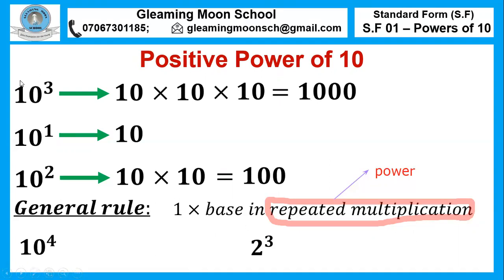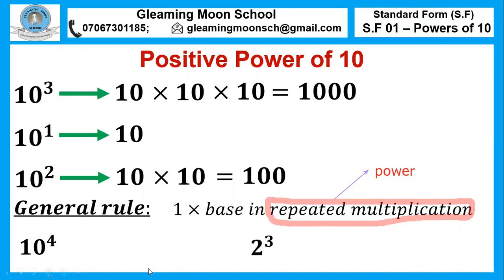Looking at the examples I've given you above with 10 raised to the power of 3, 10 raised to the power of 1, and 10 raised to the power of 2, and the general rule which says you start from 1 and multiply it by the base in repeated multiplication, and the repeated multiplication is determined by the number of the power. So I want you to pause the video, have a go at these two numbers, see if you can work them out.